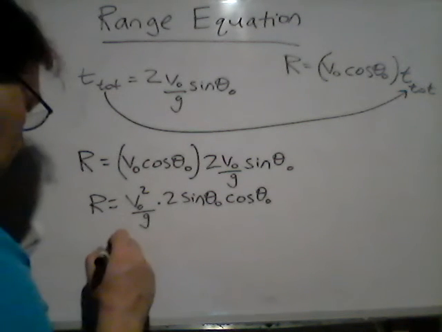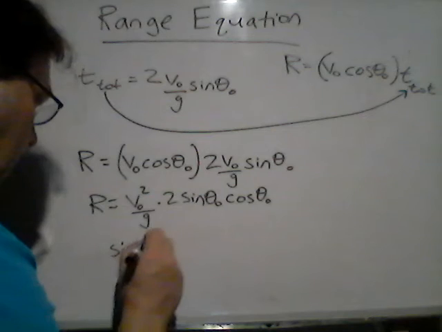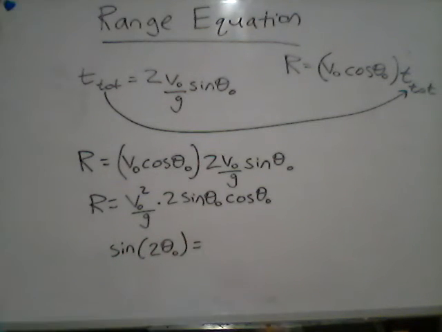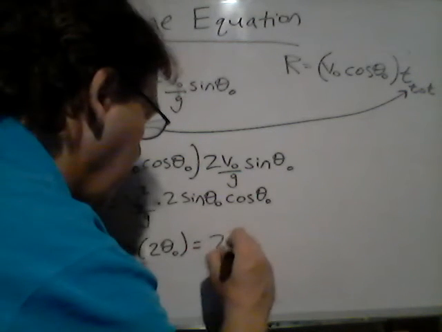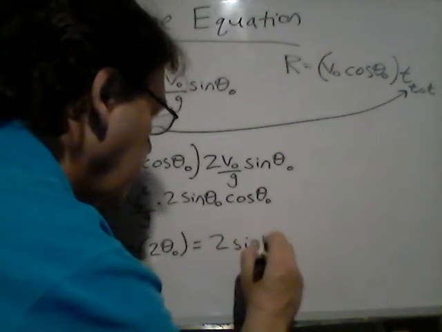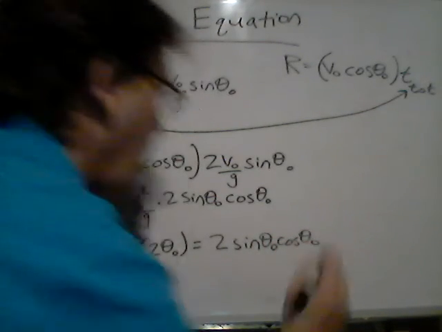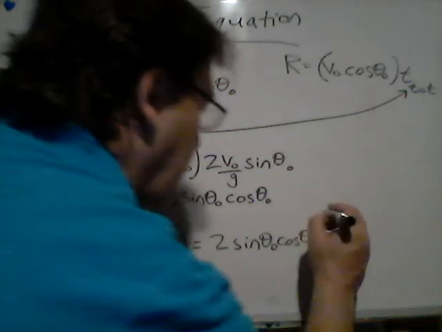the sine of 2 theta naught is equal to 2 sine theta naught cosine theta naught. This is called a double angle identity.